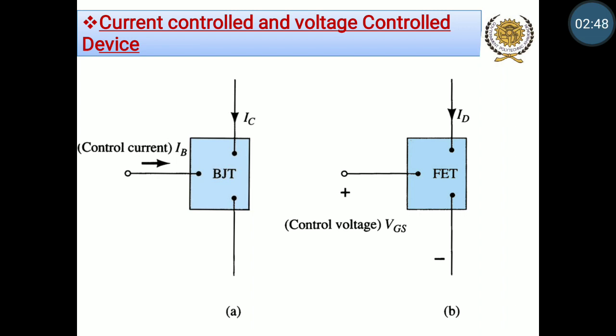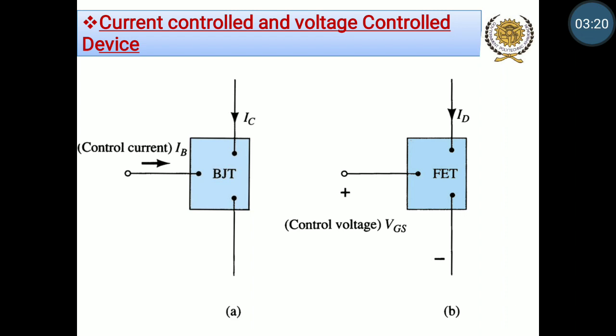Here in figure A, representation of BJT having three terminals, that is collector, base and emitter, is shown. In BJT, IC is collector current, which is also called output current, and IB is base current, which is also called input current.